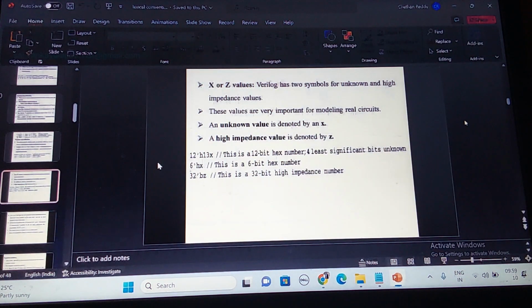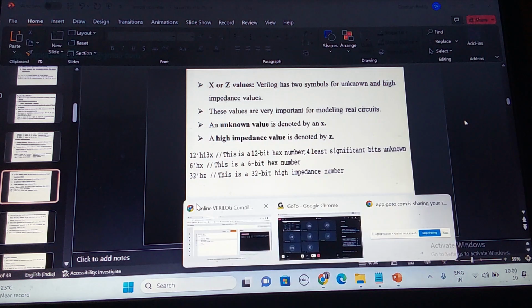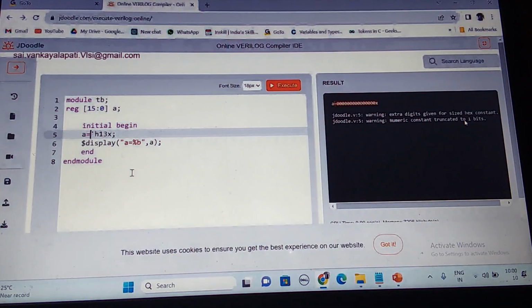Okay. Now coming to the next example: 6'hx. This is a 6 bit hexadecimal number. How is it going to show? 4 x's and 2 zeros, correct? Again, in this case, suppose I remove the size.